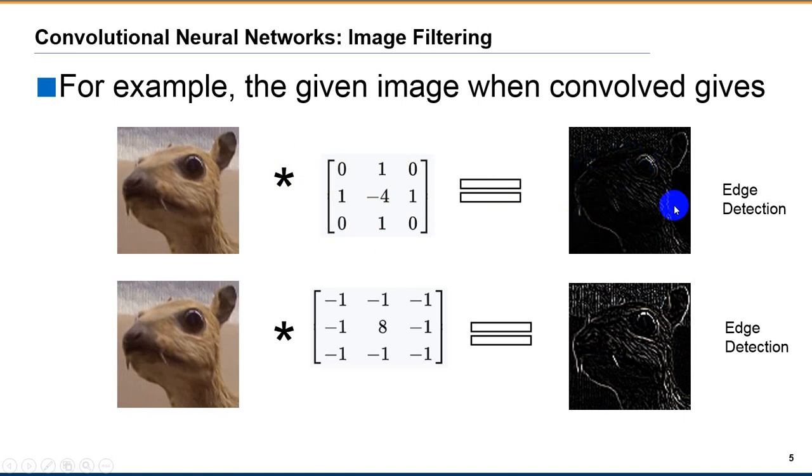And to make this image sharper, we have enhanced the central pixel value to be higher, and the other pixels are much lower. So this convolution, or image filtering, can give you edge detection with sharper features.